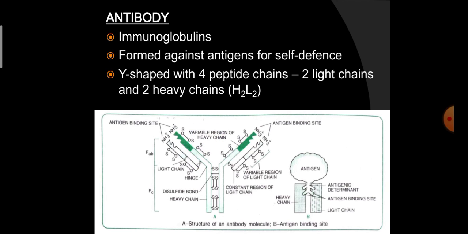This is called the V region, or the antigen binding fragment. This fragment helps in the antigen binding, and this is the Fc or crystalline fragment. So that is the basic structure of an antibody.